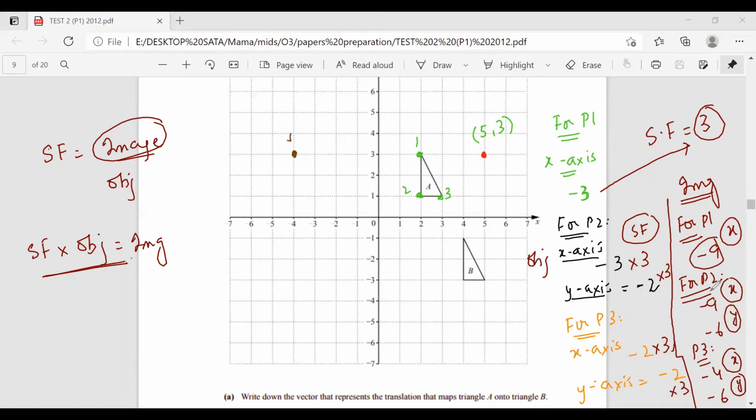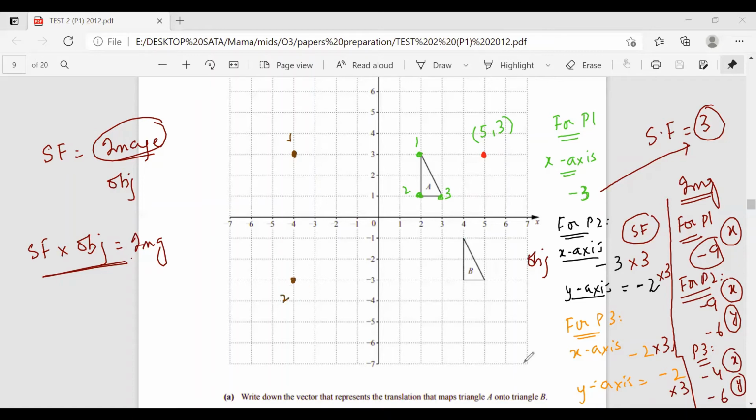For P2, I have to move x-axis -9 and y-axis -6. That means 1, 2, 3, 4, 5, 6, 7, 8, 9. Negative x-axis and 6 units below, that is negative y. 1, 2, 3, 4, 5, and 6.